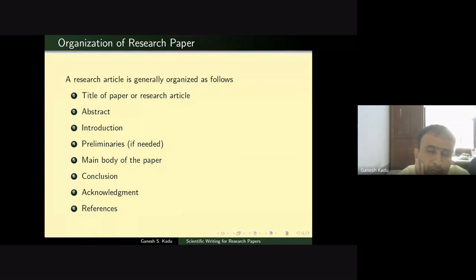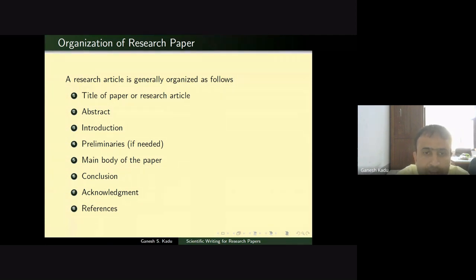Then you have the abstract. The abstract should ideally be five lines, or maybe at most 10. It varies again from discipline to discipline, but typically it is between 5 to 10 lines. Like in mathematics, it is often 6 to 7 sentences. It should be a brief overview of the problem that you have worked on, the conclusions that you have drawn, some of the claims that you have made.